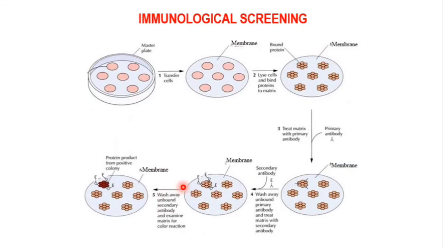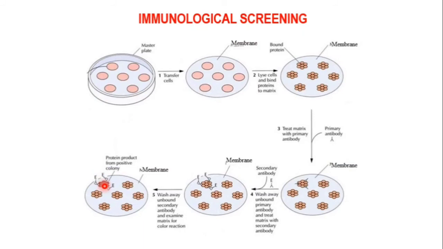Here an enzyme is attached, and we'll add the enzyme substrate. The enzyme will degrade the substrate and produce color. That color indicates the positive colony.